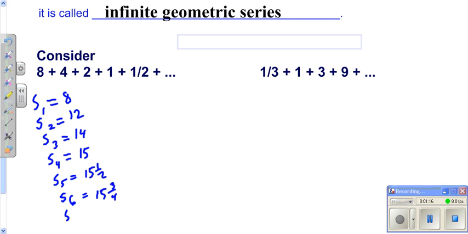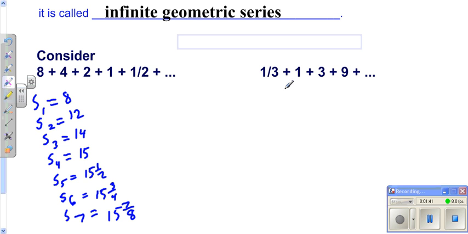And then continuing to add, we get 15 and 7/8. Now you notice each time we keep adding more and more terms, we're going up and getting larger and larger. However, we're not going up and adding as much each and every time. So this one does have a sum.